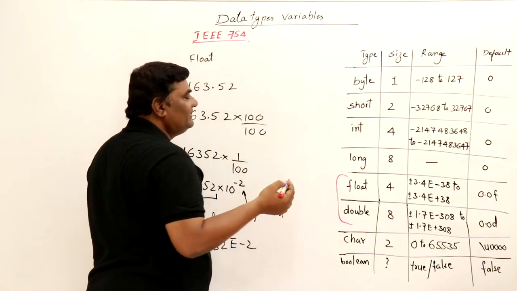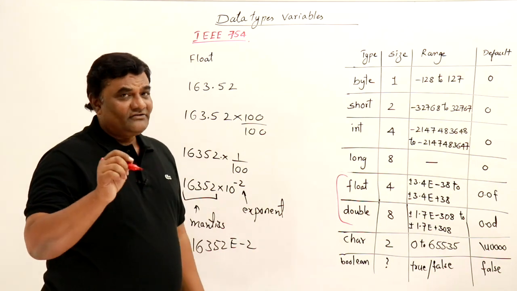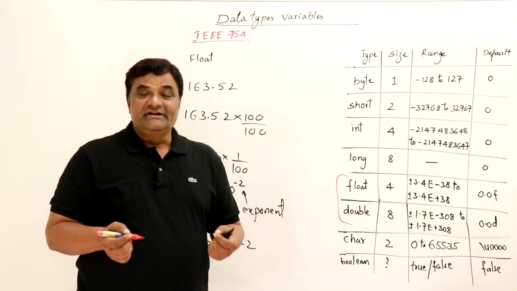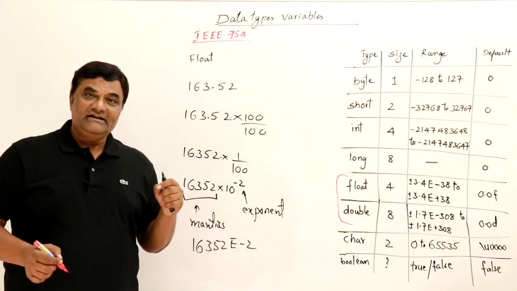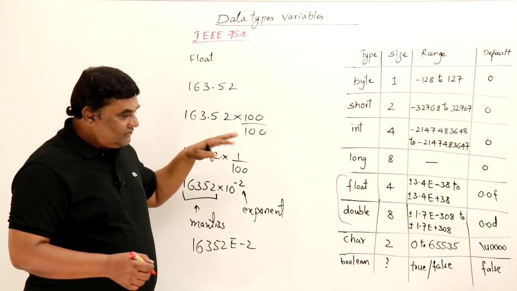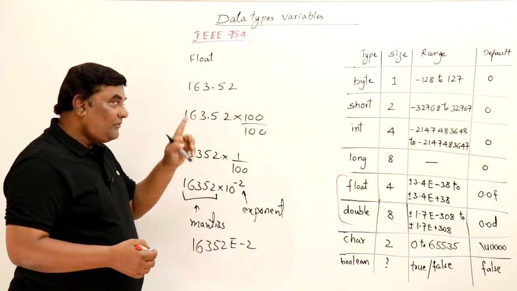If you know this also, it's better. Every electronic device follows the same standard, so it is standardized internationally. So this is a standard followed by every electronic device, and they all follow that method. So this is just the idea about that method.